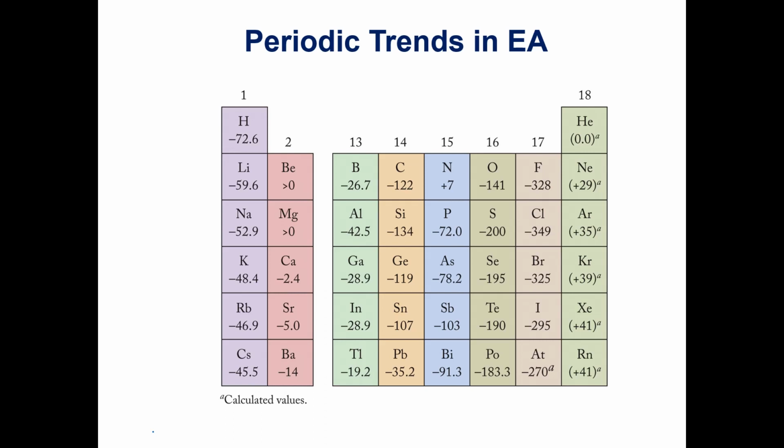But if you're trying to do an online homework system, you may need to look at those tables and see what the numbers are, because some of them are programmed based on the actual numbers in the tables. On a test, I would not expect you to know any of the values, only the trends. But just a word of caution if you're having trouble with a problem about a periodic trend on an online homework system.